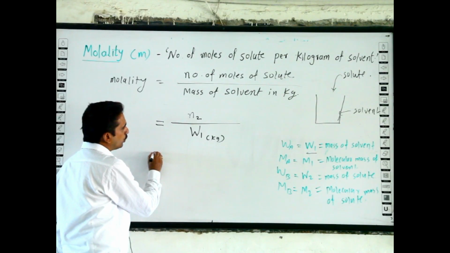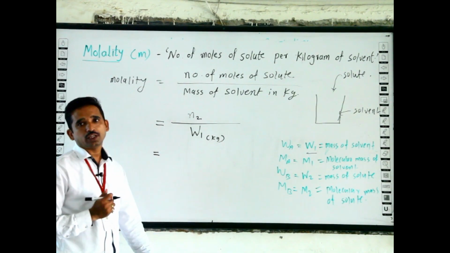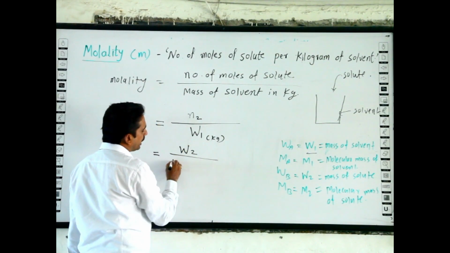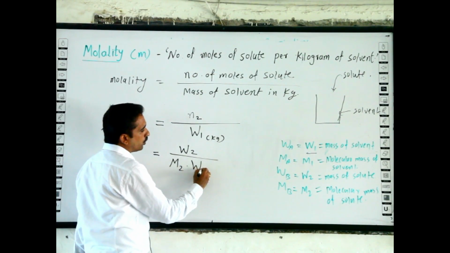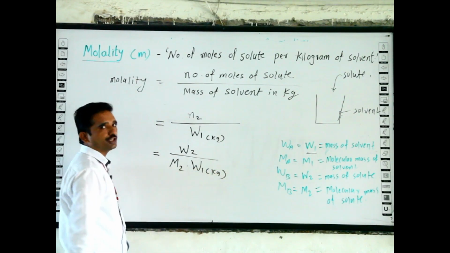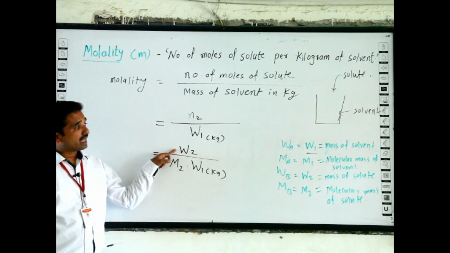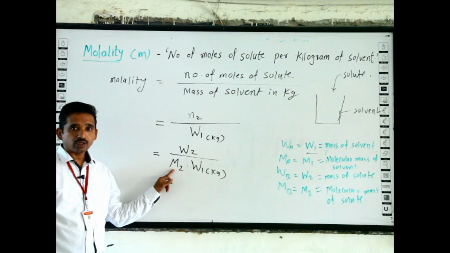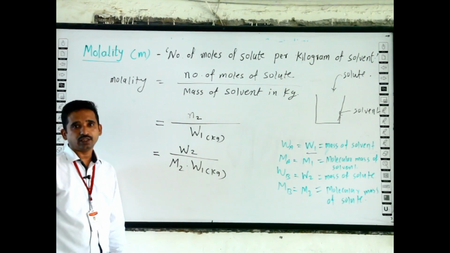Here N2 means number of moles of solute, equals W2 divided by M2 into W1 in kg, where W2 equals mass of solute, M2 equals molecular mass of solute, W1 equals mass of solvent in kg.